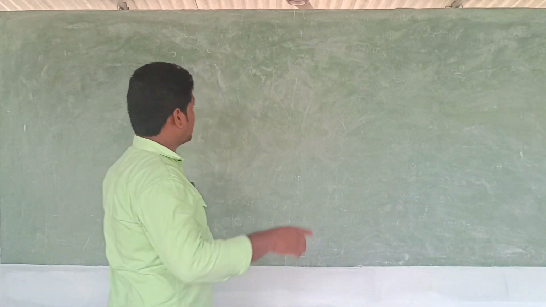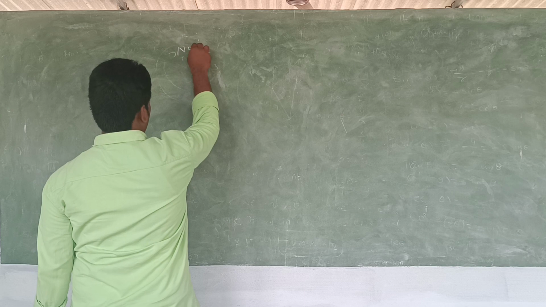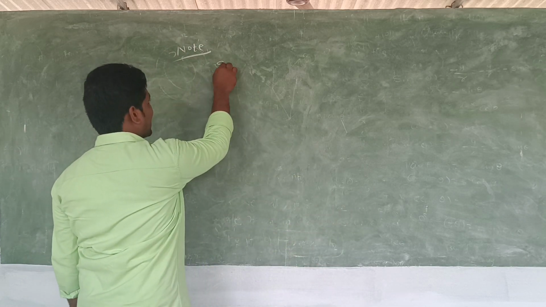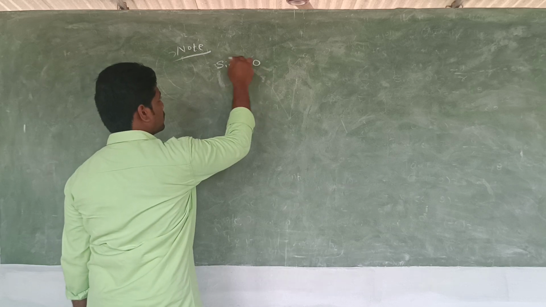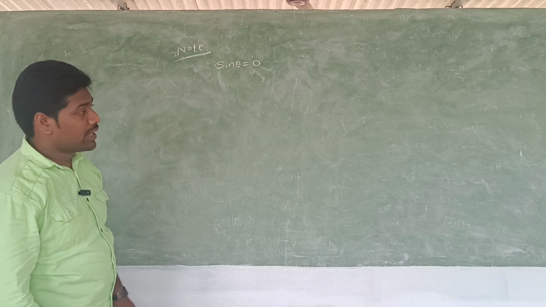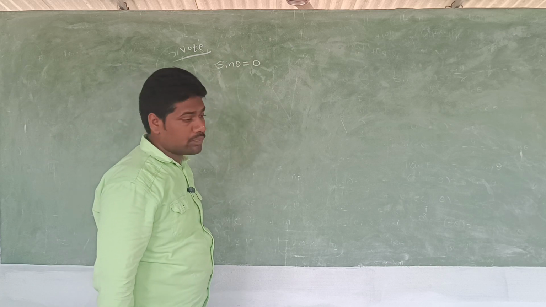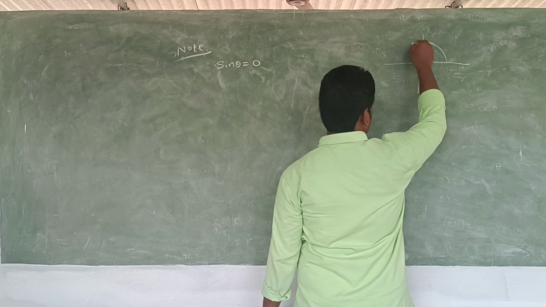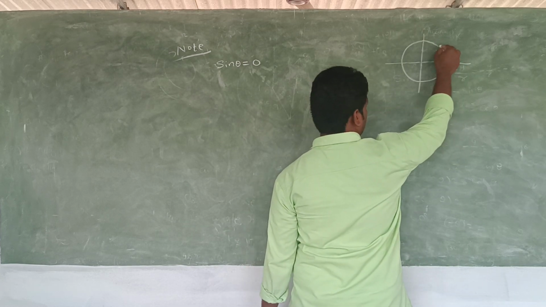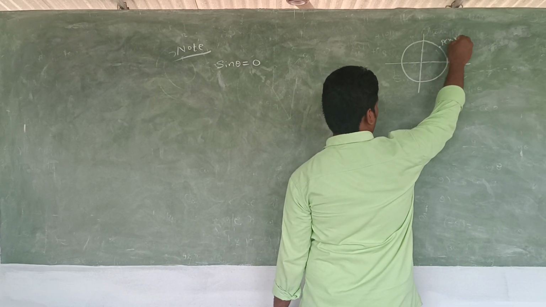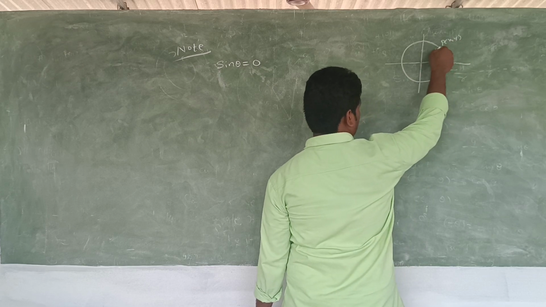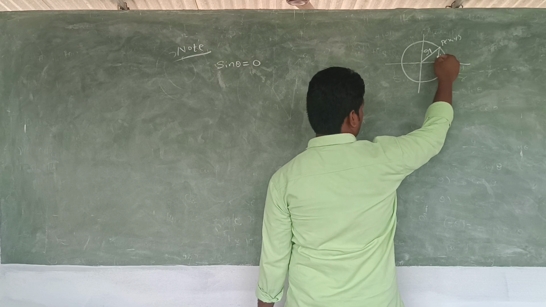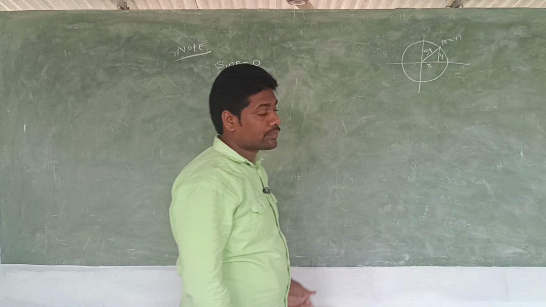Now we'll see some notes for the trigonometric ratios. Sin theta is equal to 0. When will sin theta be 0? I am taking a circle with a point P(x, y) on it, with radius r, y, and this is x.